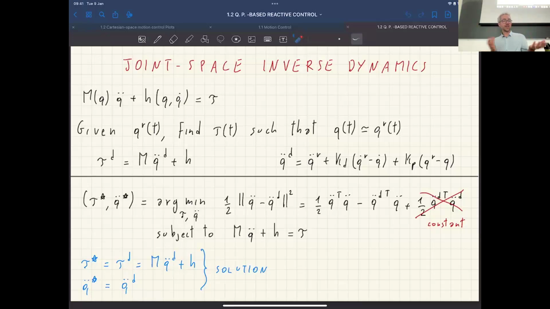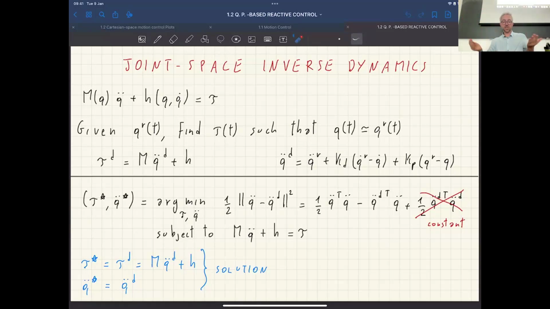So in general, a robot manipulator is a nonlinear dynamical system, but its dynamics has this special structure which makes it linear with respect to the accelerations and the torques. And we're going to see later, it's also linear with respect to the contact forces. So when you have physical interaction, the force enters linearly in the dynamics.